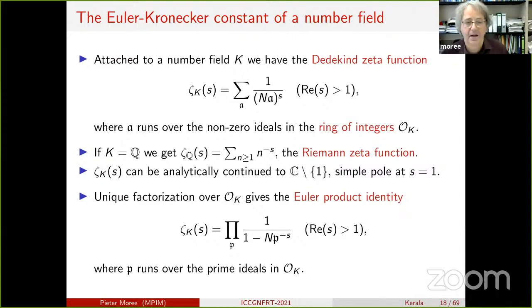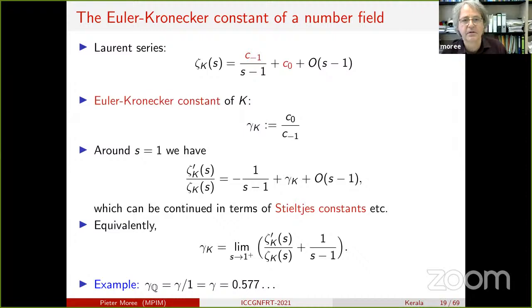It's basically the same idea as the Riemann zeta function. You can show that you can analytically continue this function to the whole complex plane, except for s equals 1, where it has a simple pole, and it also has an Euler product identity. So that's the recapitulation of this Dedekind zeta function.